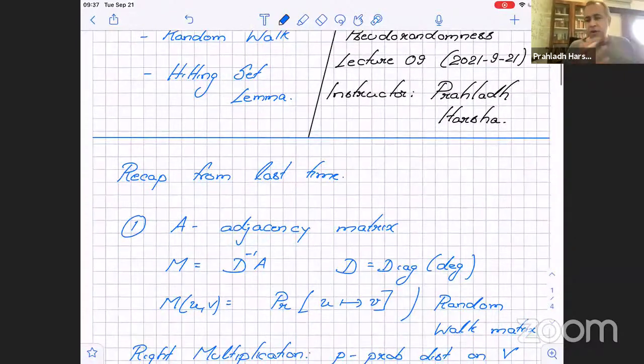We wanted to understand the random walk on an expander graph. For that, we took any graph, not necessarily regular, and looked at its adjacency matrix. We defined the random walk matrix, which is M = D inverse A. D is the diagonal matrix which has the degrees on the diagonal, and the adjacency matrix is the symmetric matrix that you're familiar with.